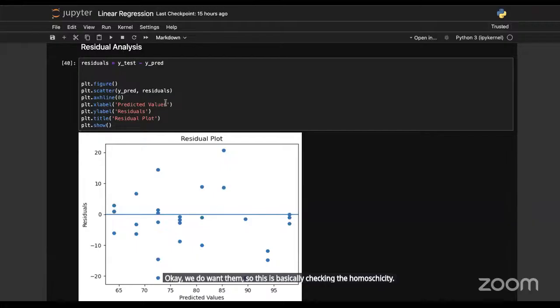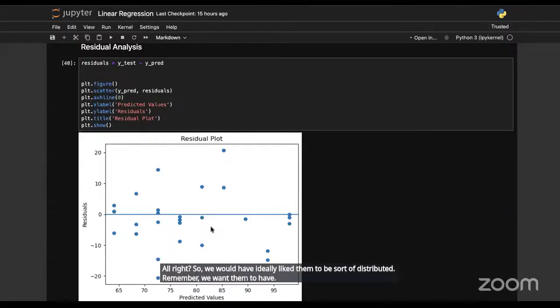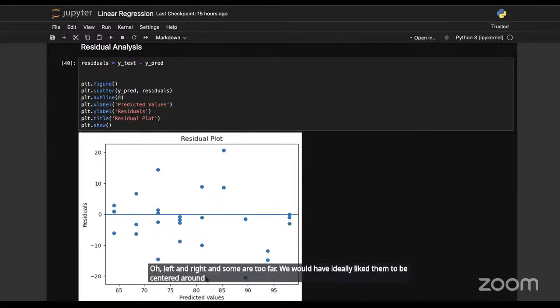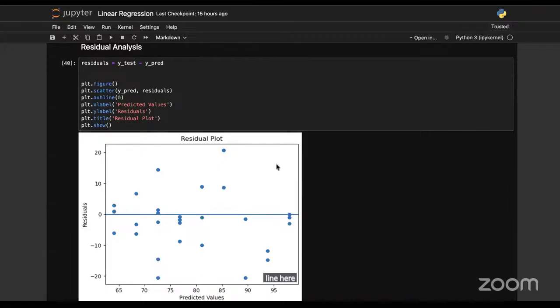All right. So we would have ideally liked them to be distributed with a somewhat even spread, right? We see our errors are running left and right, and some are too far. We would have ideally liked them to be centered around the specific line here. So yes, homoscedasticity, hopefully I'm pronouncing that right.